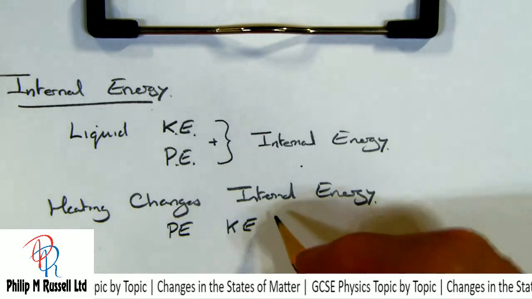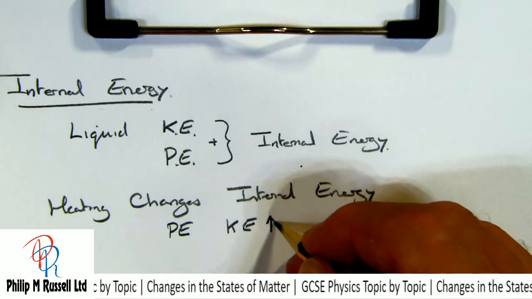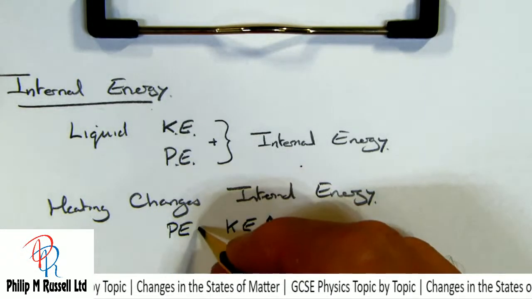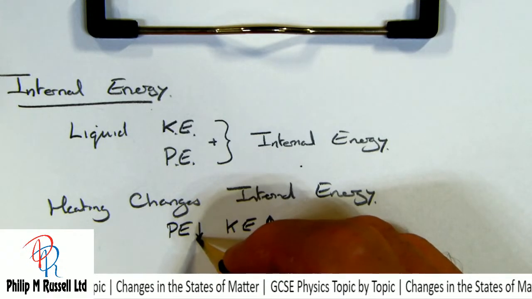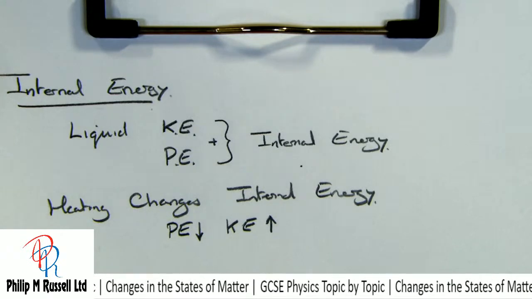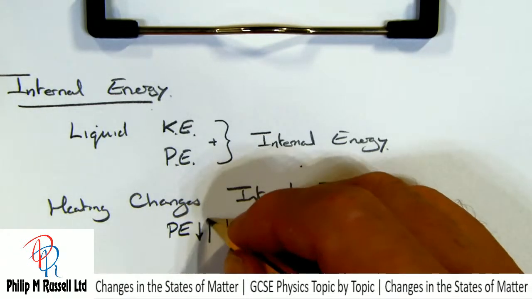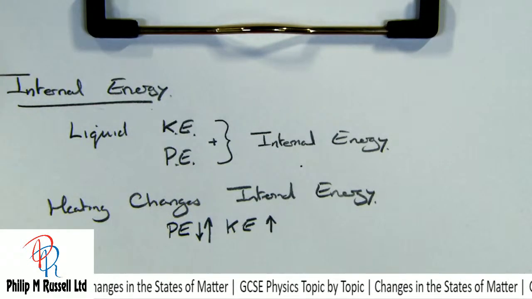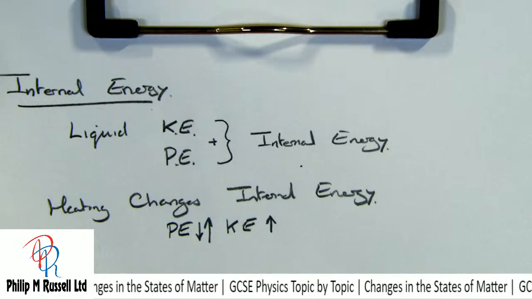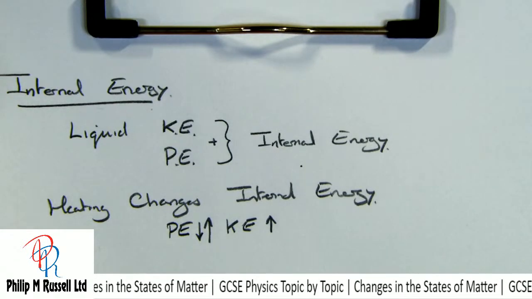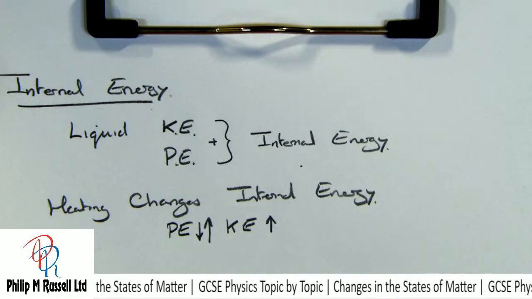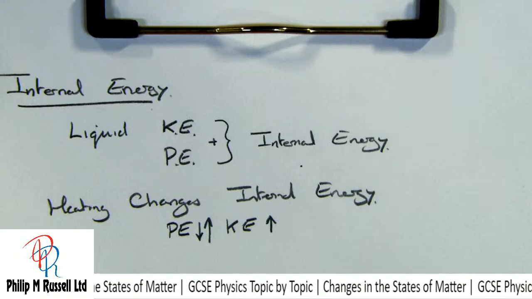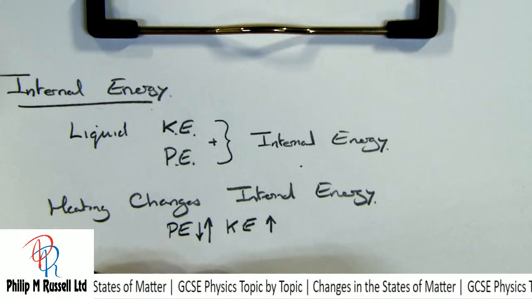Heating is basically going to increase this energy, but it will probably lower some of that before it will increase the potential energy. When the temperature of a substance is increased, then we need to worry about something else called the specific heat capacity.